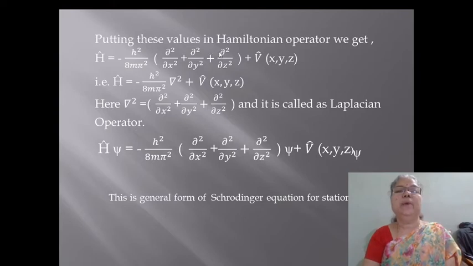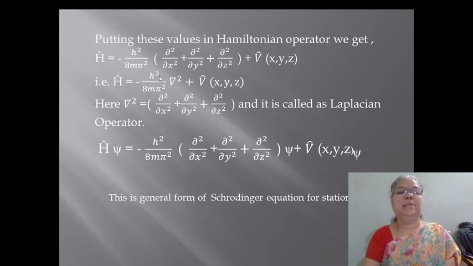Then, putting these values in the Hamiltonian operator, we have this equation: operator H equals minus h squared upon 8 m pi squared (dou squared by dou x squared plus dou squared by dou y squared plus dou squared by dou z squared) plus the potential energy operator along x, y, z.